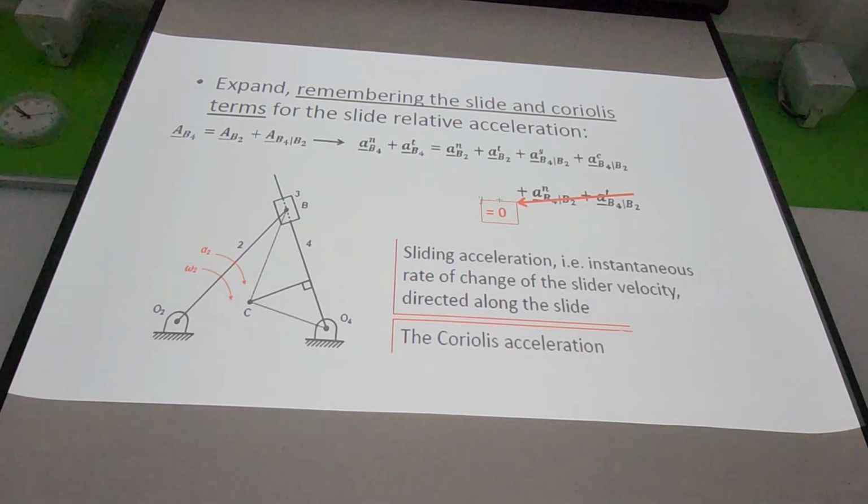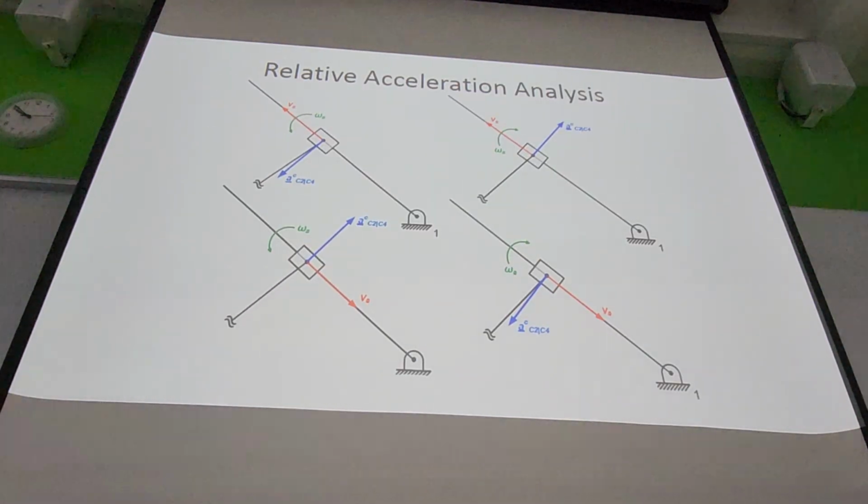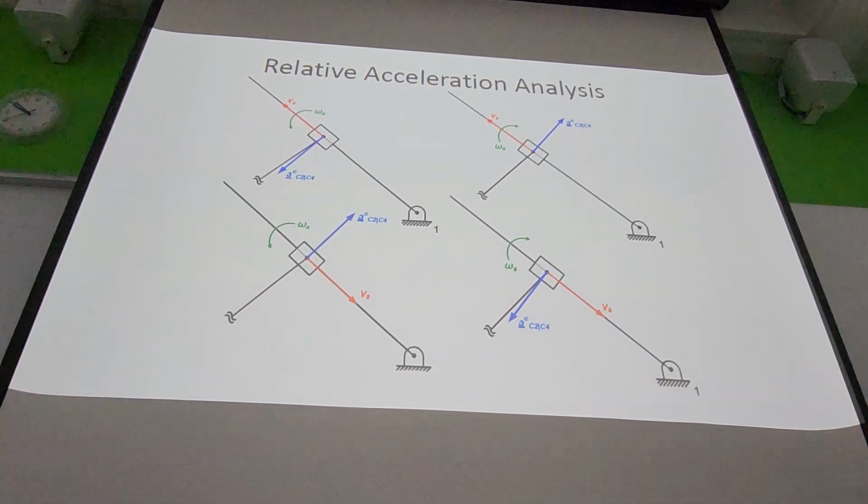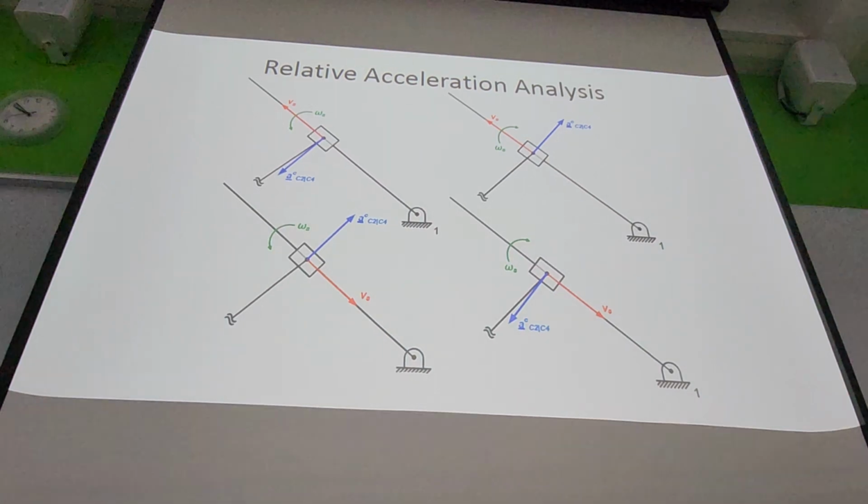Now depending on the links, we need to establish the direction of the Coriolis acceleration. Here the slider is going down, the angular velocity is clockwise, and this is counterclockwise. It is the same thing I have shown in the previous slide. This is how we can establish the direction of the Coriolis acceleration.